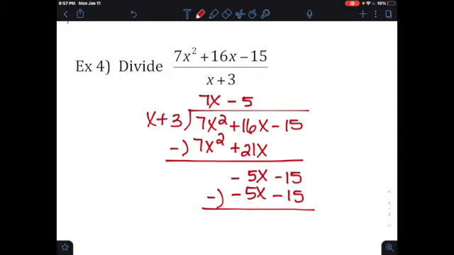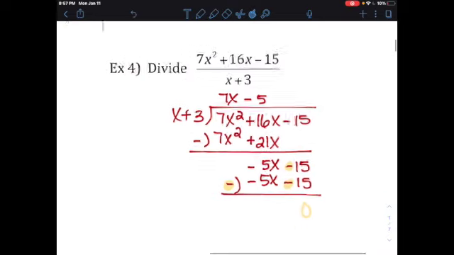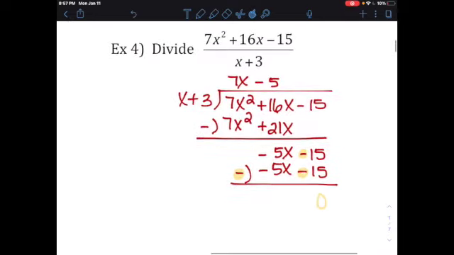Negative 15 minus a negative 15, negative becomes positive. Let's be more obvious. Negative 15 minus a negative 15 is going to be negative becoming positive. So there's negative 15 plus 15, 0. So therefore, there's no remainder. So there is the answer. The answer is 7x minus 5.